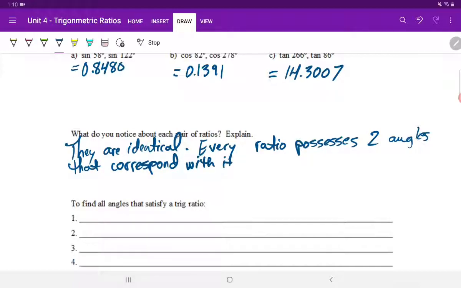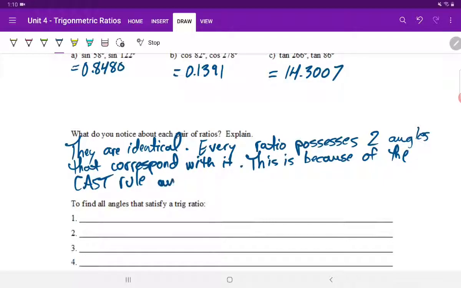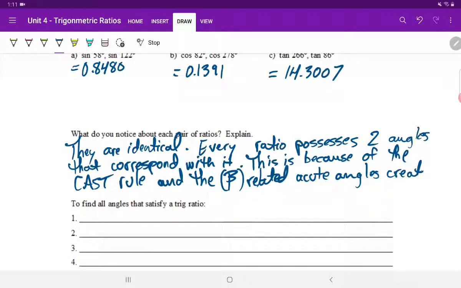And that is because of the cast rule and the related acute angles that are created, or beta.